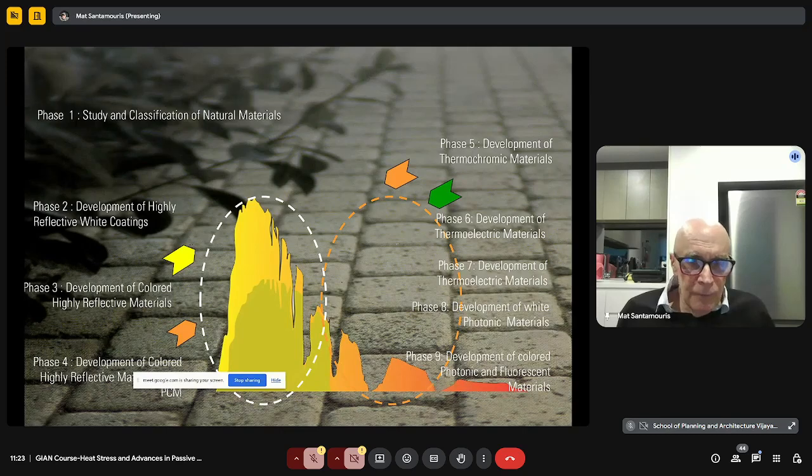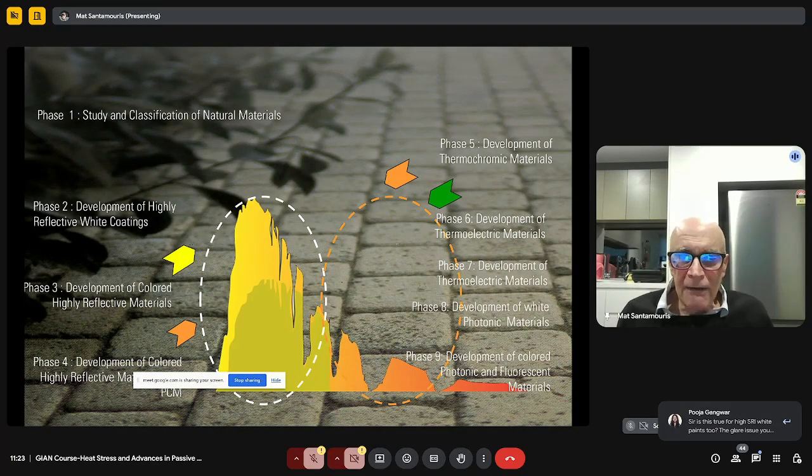The second group of developments that started to happen around 1990 and 2000 was really materials which present very high reflectance. This research started mainly in Asia and the United States, because they wanted materials for space research which present very high reflectance. Why?